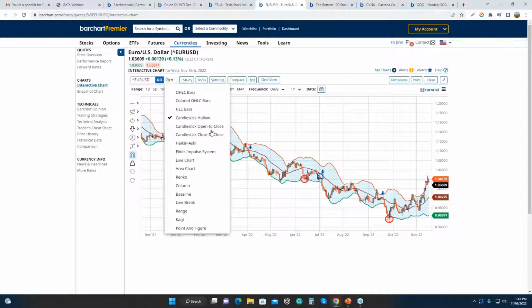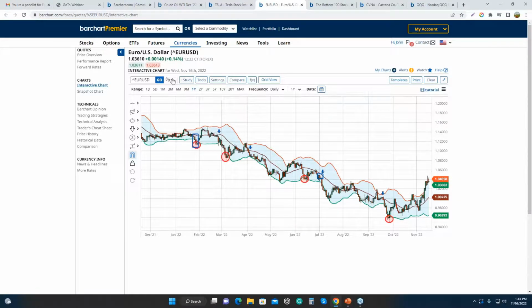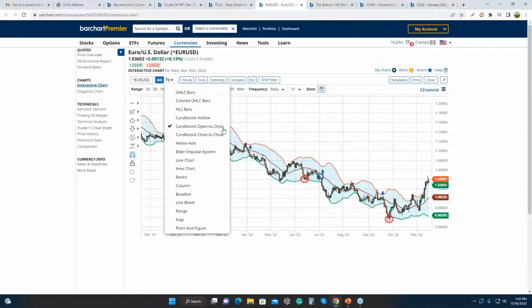And then a candlestick that is called an open to close candlestick, well, that one just looks at the price data that is in that candle. In other words, if I have an opening that is below my close, in other words, price went up, then that would create a green candle, or a hollow candle. If I had an opening that was above my close, price fell, then that would create a red candle.